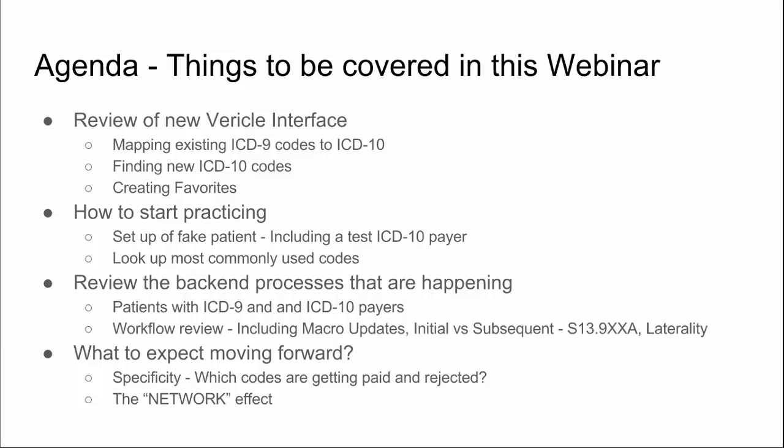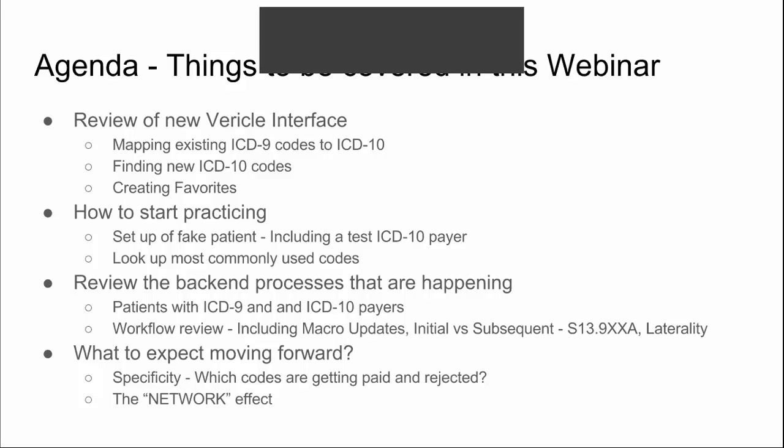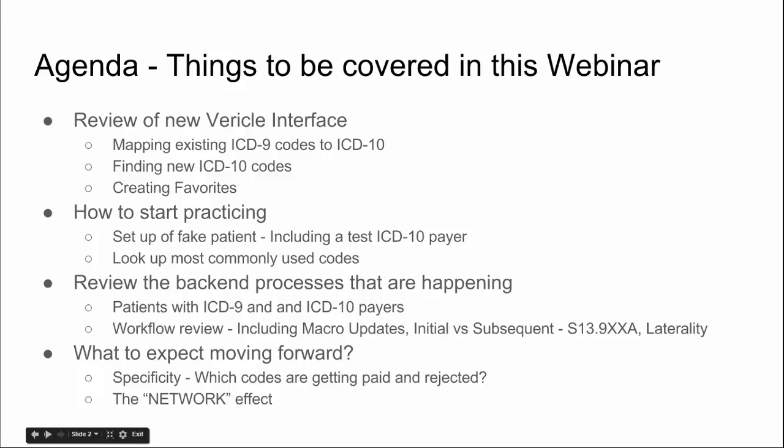We want to give you a good idea of what's happening on the back end so that you know what you have to do to make sure that claims go out correctly, which, hint, hint, it's not that much, which is great. And then finally, we want to give you a really good idea of what's going to happen in the future and how we're preparing for it. So those will be the things that we cover on today's webinar.